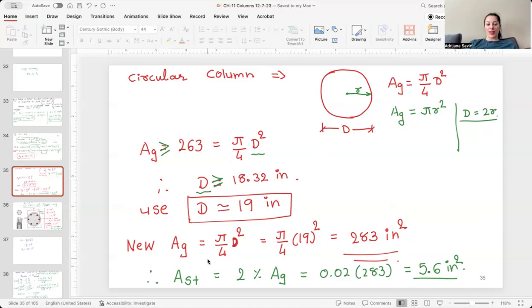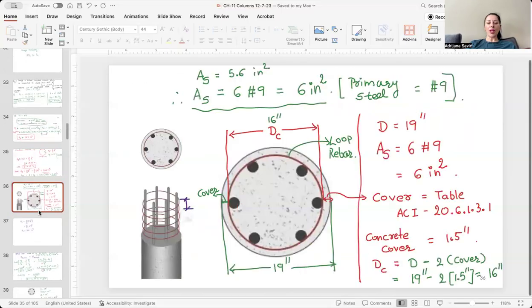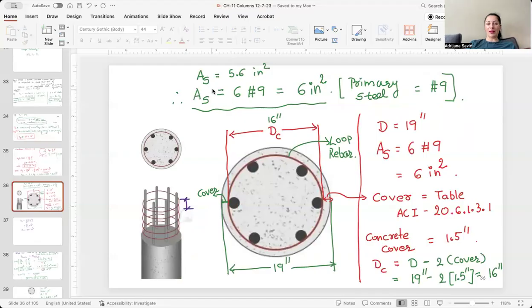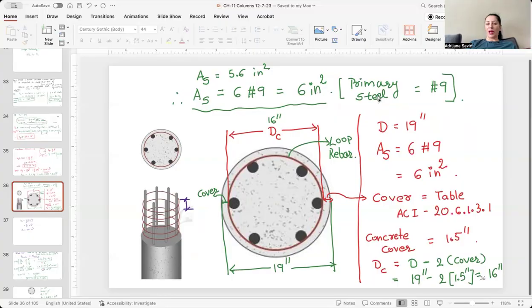The new gross area will be 19 squared times pi over 4, which gives 283 inch square. Steel area will be 2% of 283, which is 5.6 inch square. So we can pick number 9 rebars, which is 6 inch square, and our primary steel will be number 9.